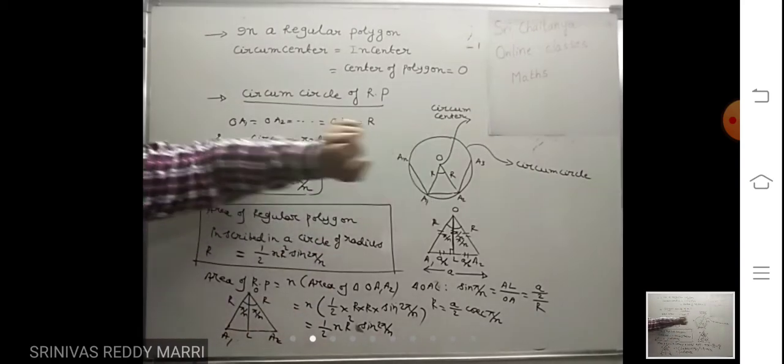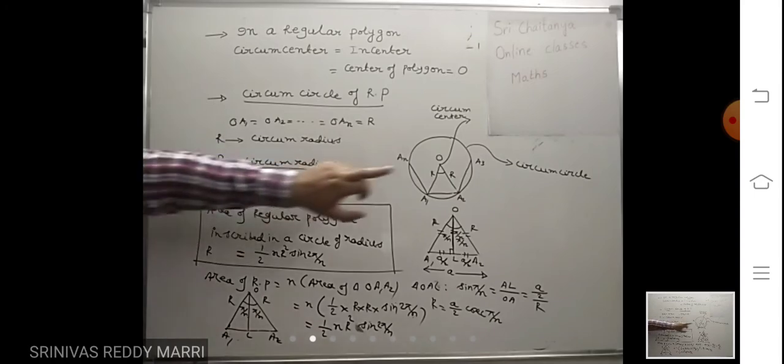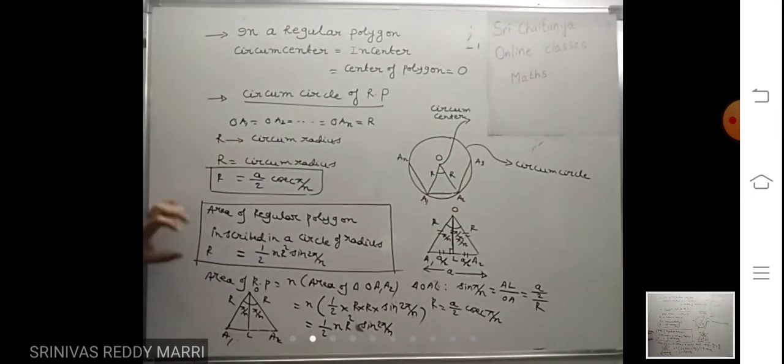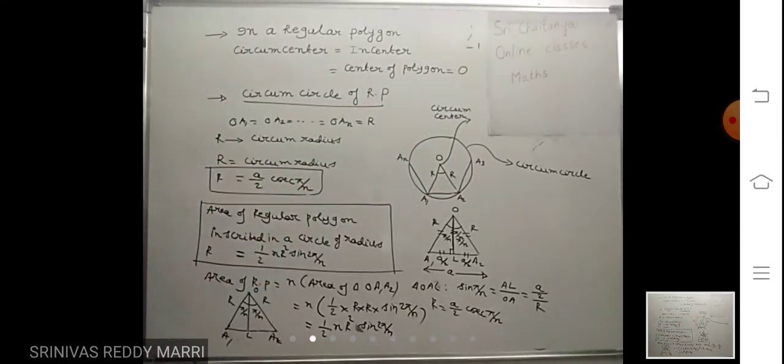To calculate the radius of the circle, if the side is known, R equals a by 2 into cosecant pi by n. And if you know the radius of the circle, then use the formula 1 by 2 n r square sine 2 pi by n, if the diagram is like this.